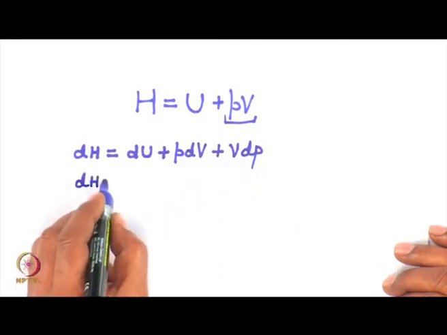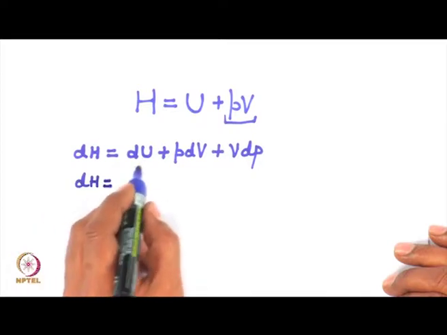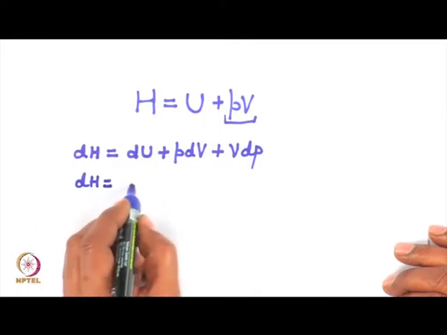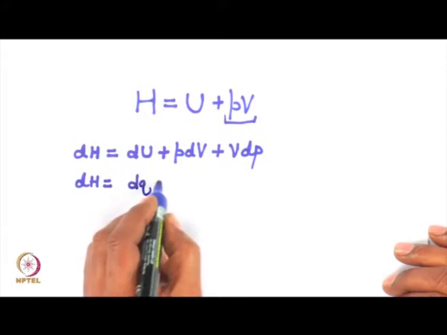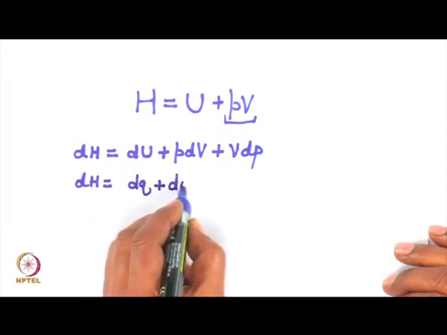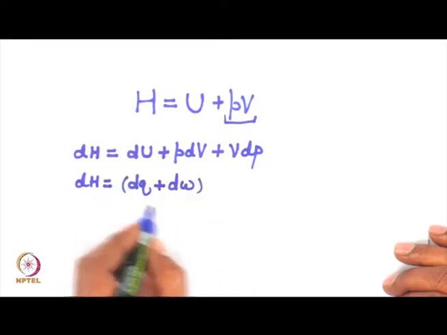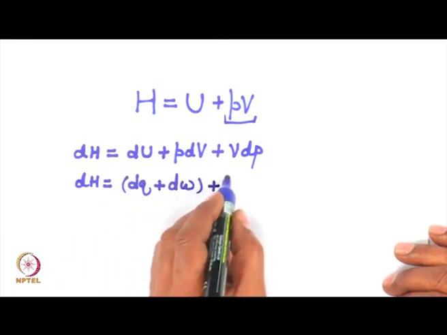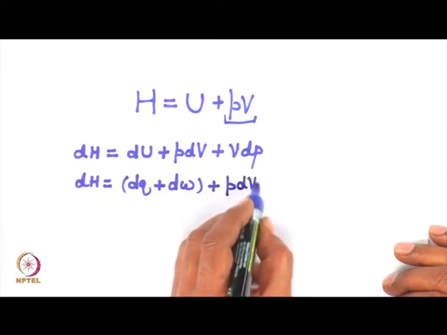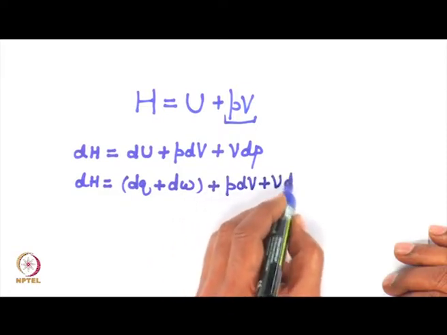So, dH is equal to dU, and by first law dU is equal to dq plus dw. This comes from dU, then plus PdV plus VdP.